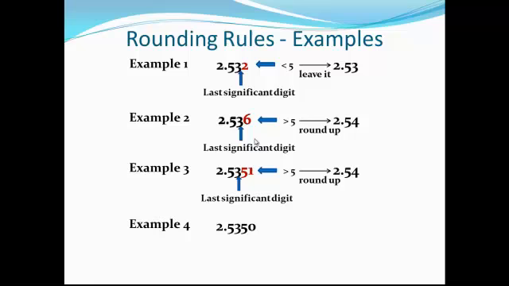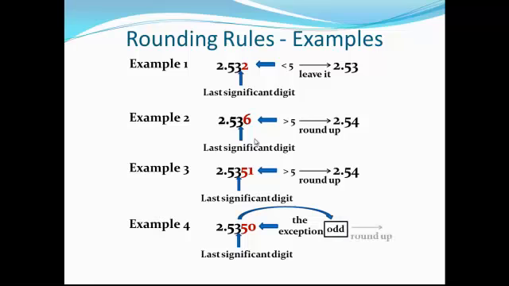Now take a look at the next example, 2.5350. 3 is the last significant digit, and now I have a special situation. I'm sitting exactly on 5. That is the exception, the middle rule. What is the digit I'm going to round to? That's 3. 3 is an odd number, so according to the rule, you go up. It's 2.54. Okay.